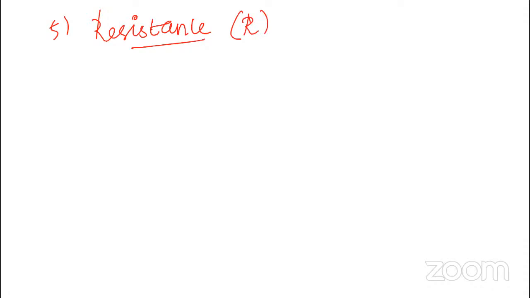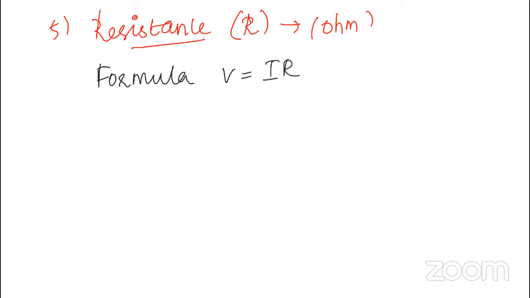Resistance is measured by the unit ohm. From Ohm's law, we write the formula V is equal to I into R. Now we want to calculate R, so we just rearrange the formula.